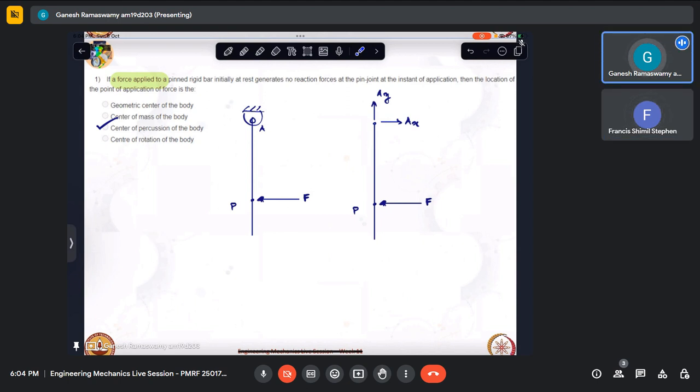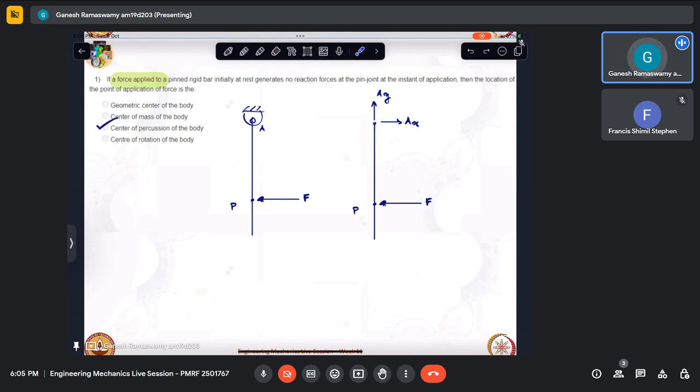Let me take it like this. I have applied a force like this. Under the action of this force, if this pin was not there, it would have to undergo translation, right? That translation would have to be arrested by one force. The pin would apply a force like that to arrest that translation. So far, so good. Now another thing is, this body is also rotating.